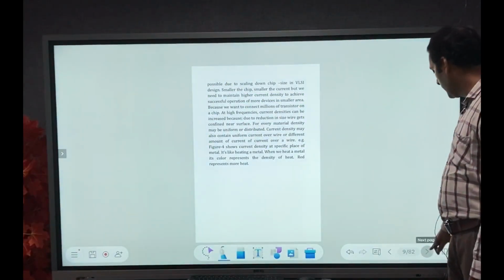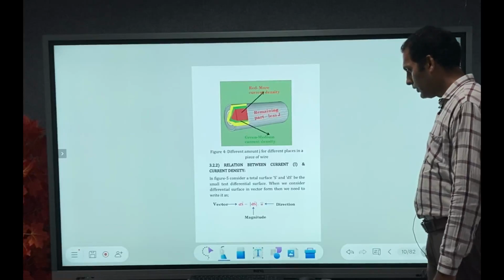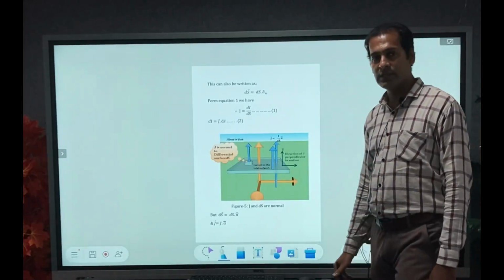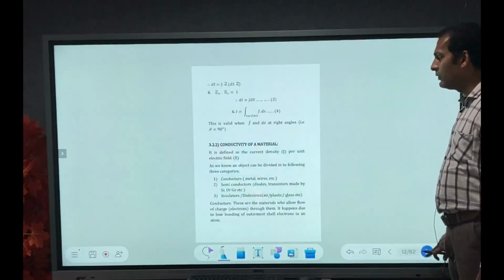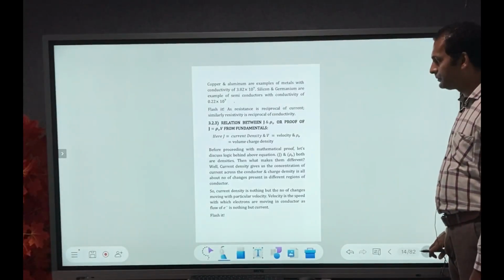Then we discussed current density, non-uniform density, and the relations. We formed the various relations of current J, rho V and V. Conductivity we have discussed.